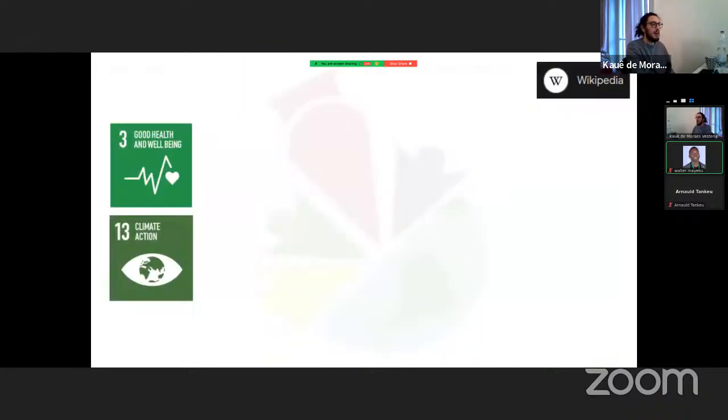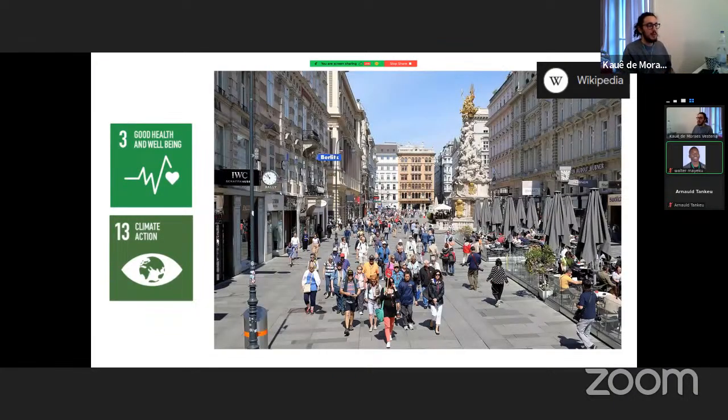And there are other goals that are also helped by pedestrian mobility, because being a pedestrian means being in active displacement. So we are promoting public health and global well-being among the population.